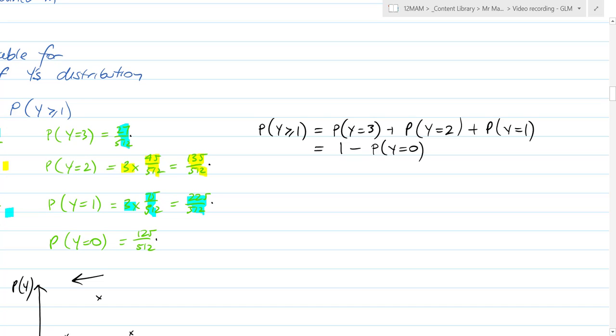So this is a really good use of that probability sum to 1 rule because this is a bit easier. I get 1 minus 125 over 512, and of course that's 512 over 512 minus 125 over 512. 512 minus 125, I believe, is 387 over 512, and so that's our probability.